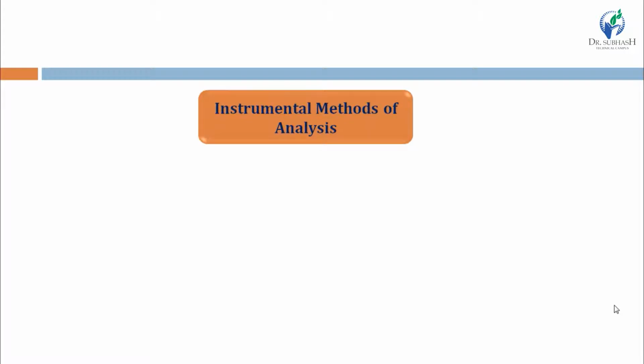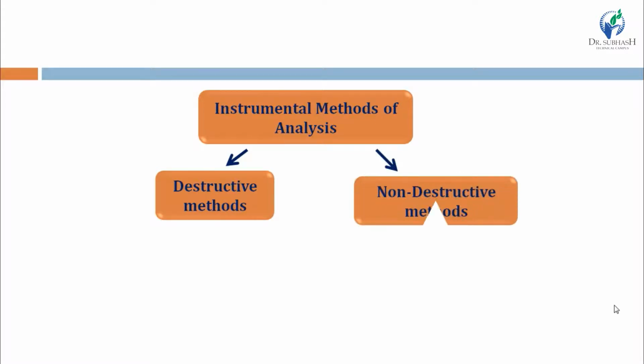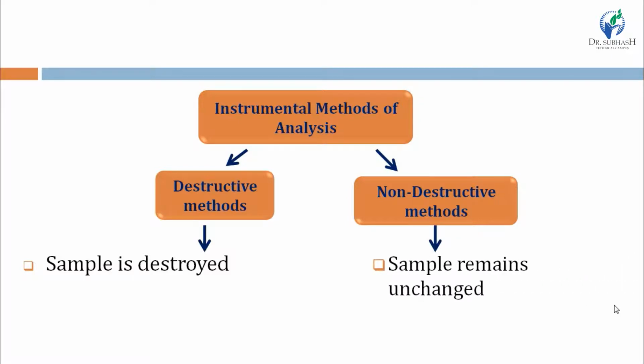Then, according to the destruction of the sample, instrumental methods of analysis are divided into 2 classes. First one is destructive methods, and second one is non-destructive methods. In destructive methods, the sample is destroyed, and in non-destructive methods, the sample remains unchanged.